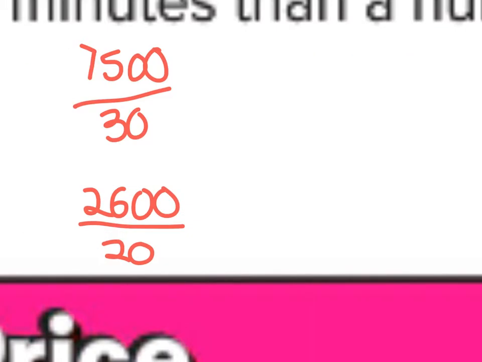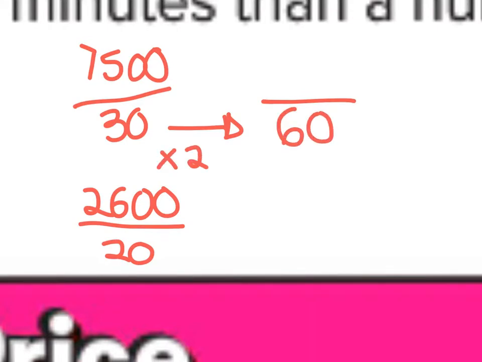At the top, I've written the heart rate for the hummingbird, right? We said 7,500 beats in 30 minutes. And the baby is 2,600 in 20 minutes. But they want to know in an hour. We know that we have to bring this up to the 1 hour, which is 60 minutes. So what we did here was we doubled it. We multiplied the 30 by 2.